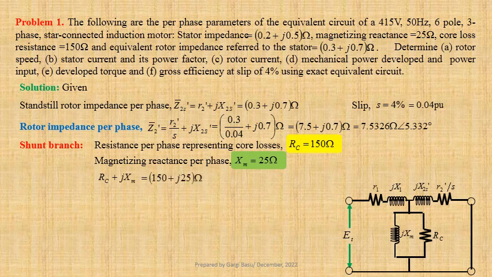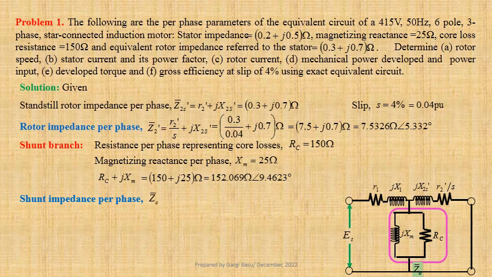This may be written in polar form as 152.069 ohm at an angle 9.4623 degree. Now we shall determine shunt impedance per phase. Z0 equals RC parallel with jXM, that is RC into jXM divided by RC plus jXM.